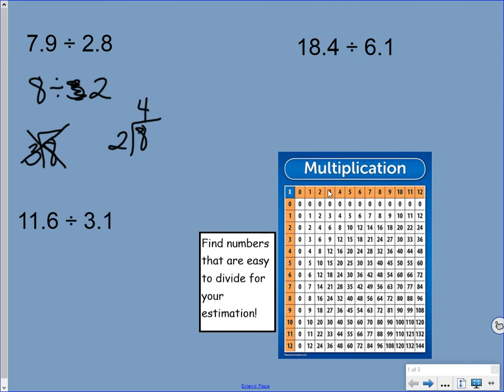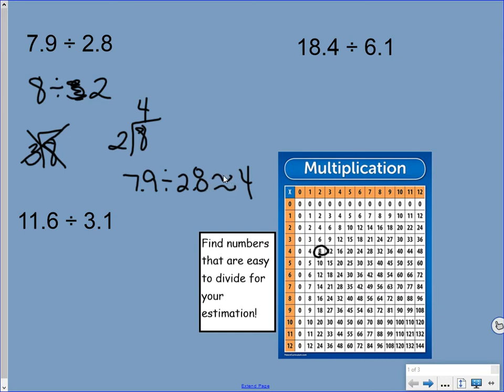But if I didn't, I could go down my 2 column to see if I can find the 8, and here it is. Here's my 8, and that means 2 times 4 is 8, which means 8 divided by 2 is 4. So a good estimation for 7 and 9/10 divided by 2 and 8/10 would be 4.